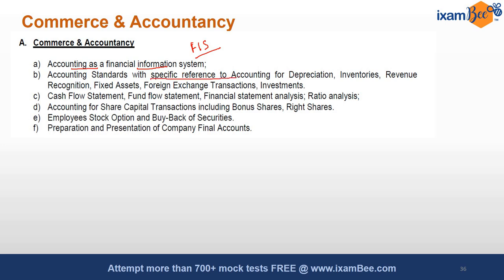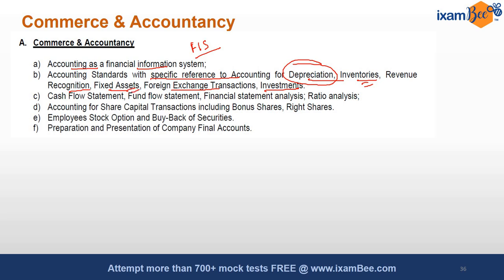Accounting standard with specific reference to accounting for depreciation, inventories, revenue recognition, fixed asset, foreign exchange transaction, investment. These are the areas where there are gaps. Depreciation में लोग कुछ लगा के they can manipulate books easily. Inventory, old inventory is lying and it is looking like an asset. Revenue recognition, एक्चुअल में पैसा आया ही नहीं है बट इट इज रिकॉग्नाइज्ड बाय रेवेन्यू.